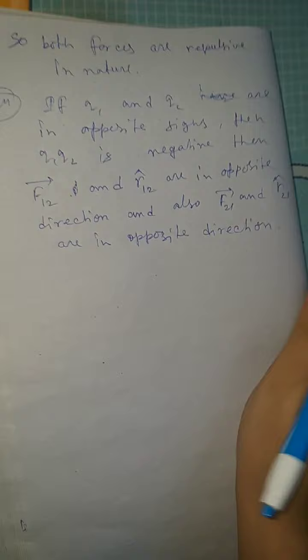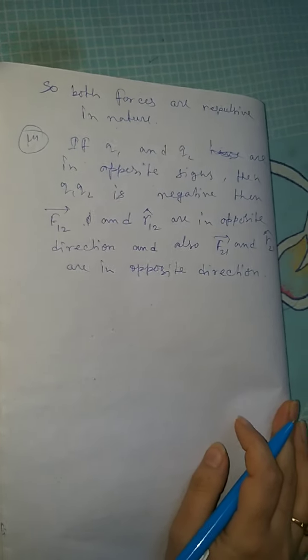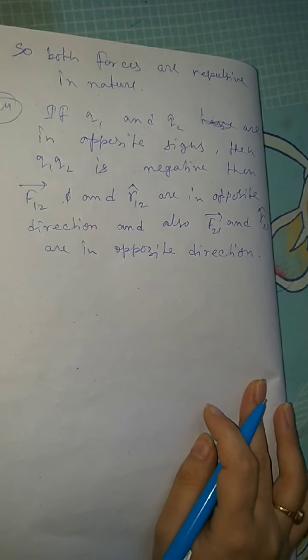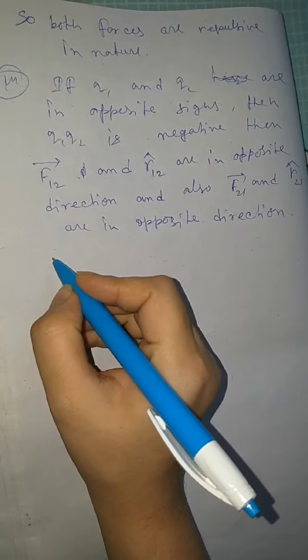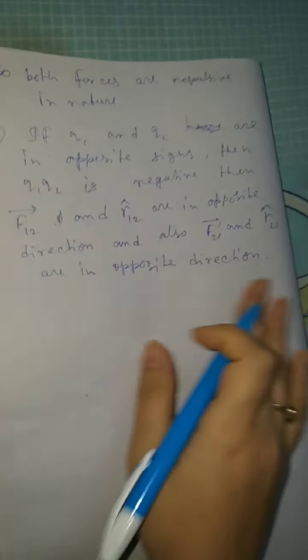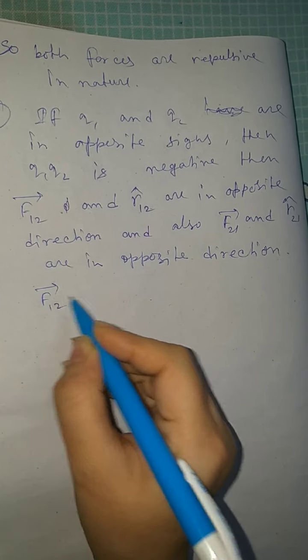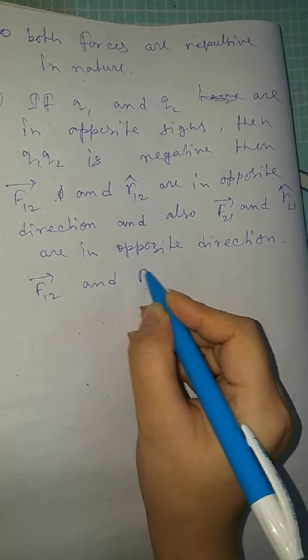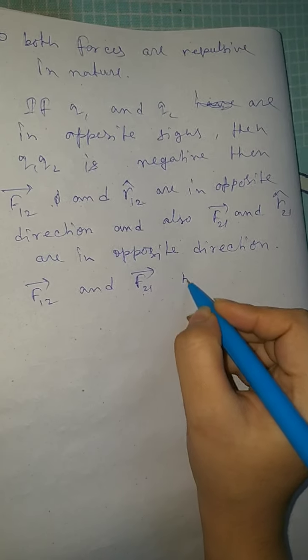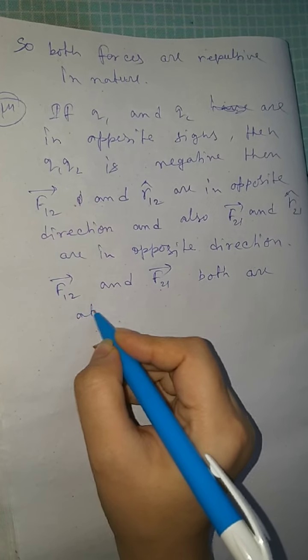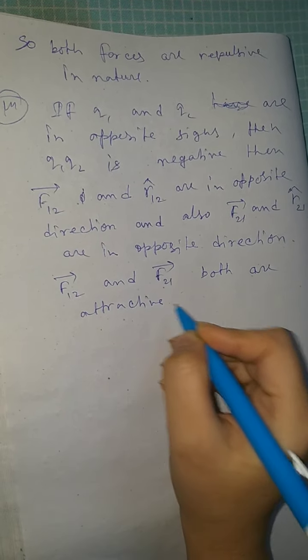So in this situation you can see F12 vector and F21 vector both are attractive in nature. If Q1 and Q2 are unlike charges, then F12 force and F21 both are attractive in nature.